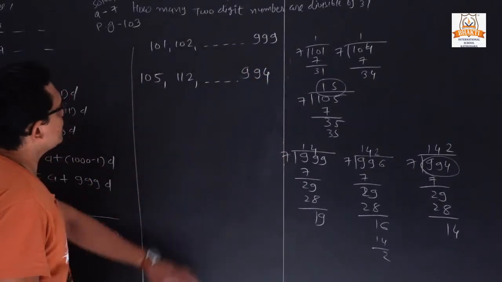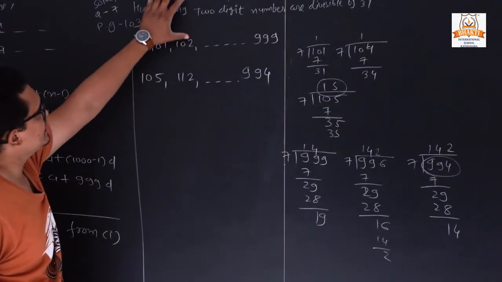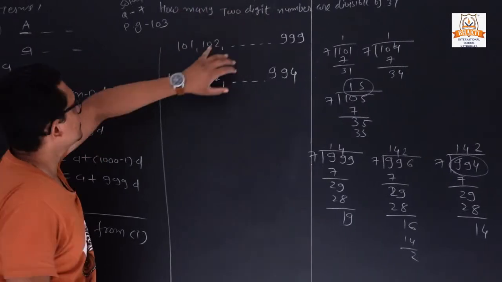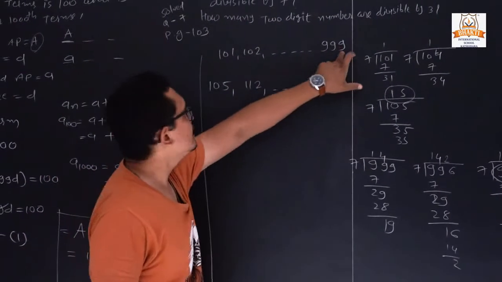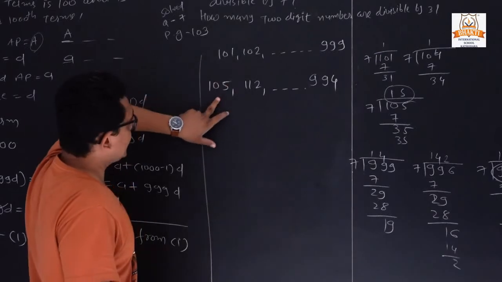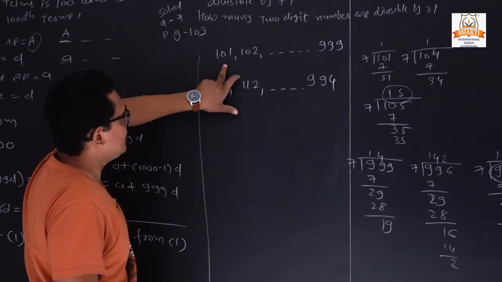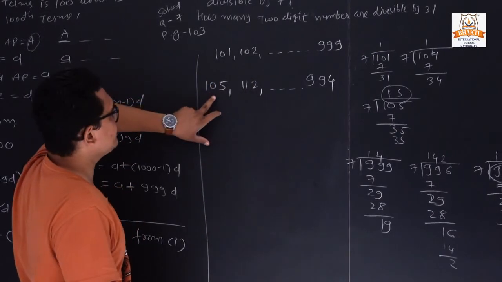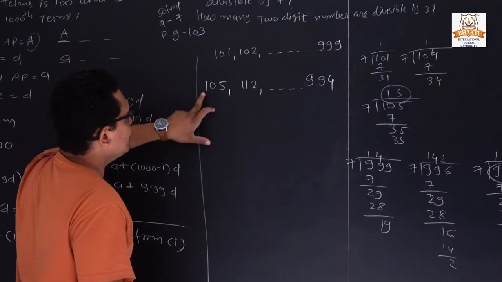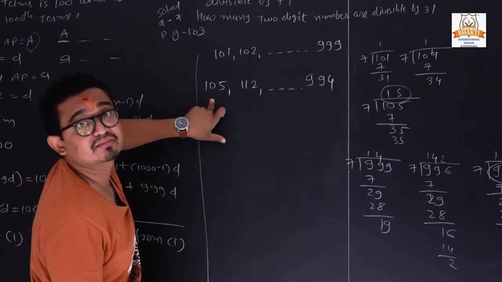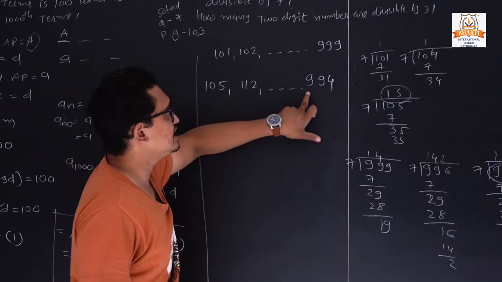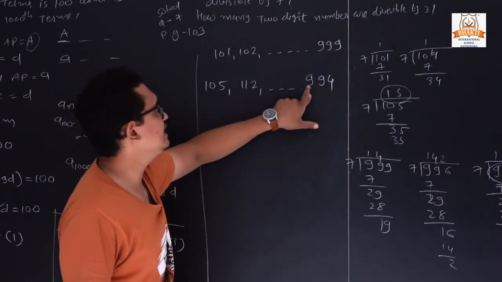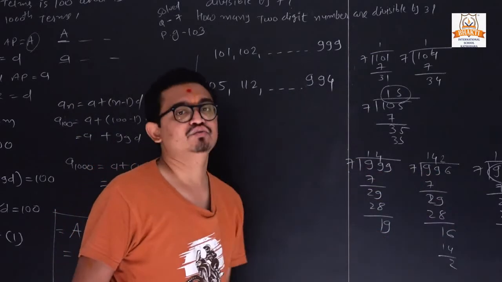994. So see that the question is about 3-digit numbers. So 3-digit numbers start from 101, 102 like that. And then we can check which number among the 3-digit numbers is divisible by 7. So the first number is 105 which is divisible by 7, then 112. And from the last, which number is divisible by 7? It is 994.